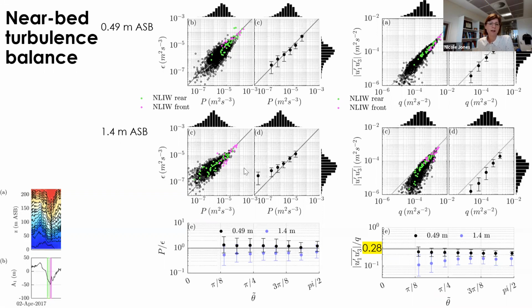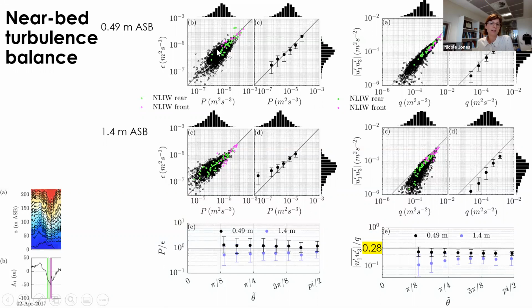Just to remind you, the green points in here are the points at the leading face of the leading wave of depression, and the pink points are showing you the latter part of that leading wave. You can see that there doesn't really seem to be any deviation in the dynamics.